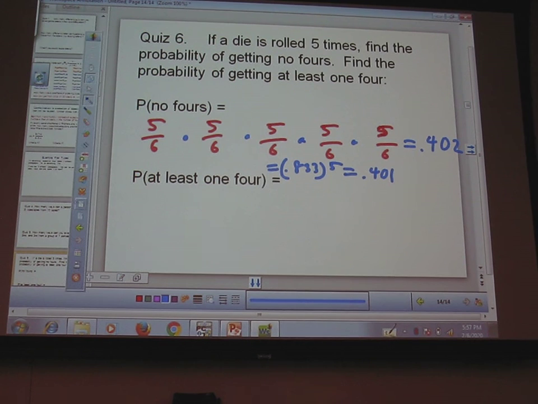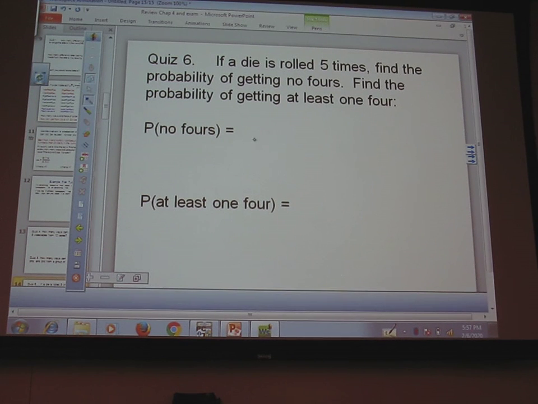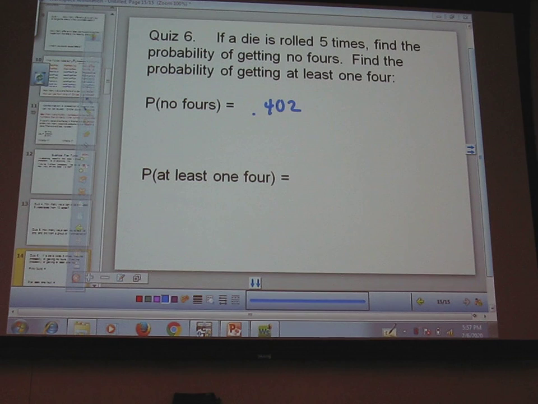At least 1/4. So this is kind of the harder one. I'm going to do this one over again. We'll assume this is 0.402. At least 1/4. So either I can find the probability of rolling 1 4, probability of rolling 2 4s, probability of rolling 3 4s.